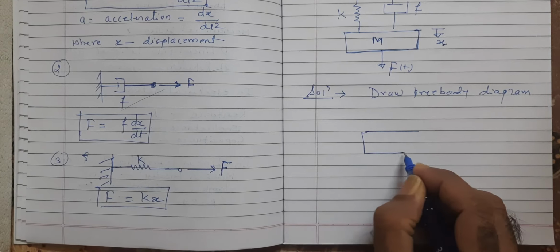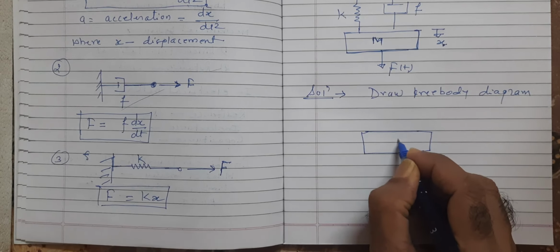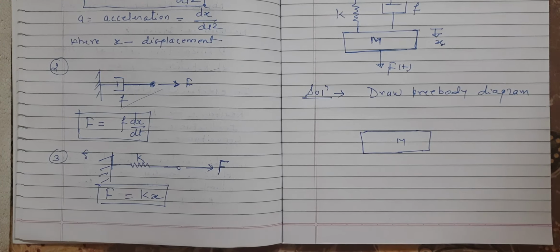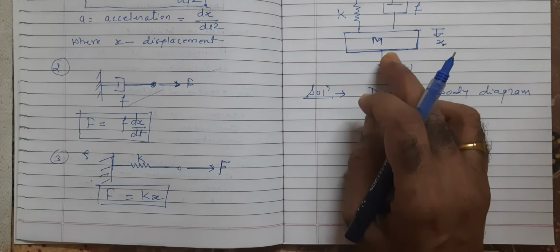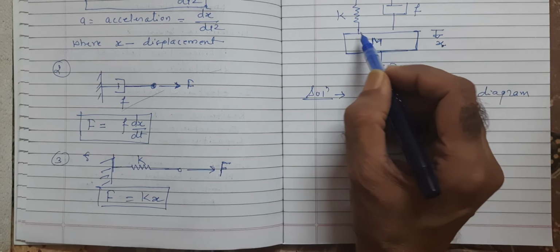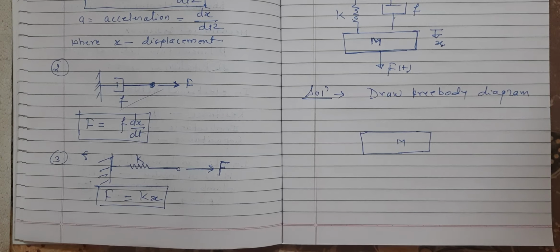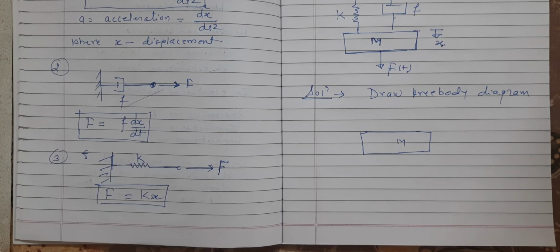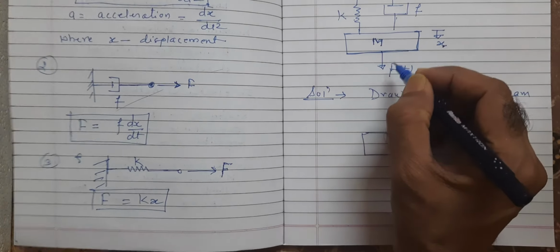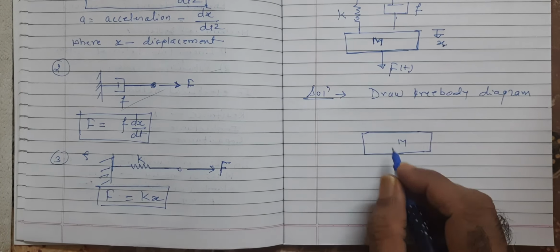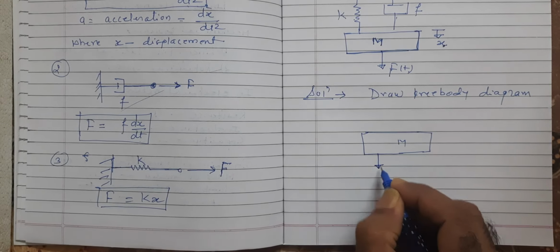First we draw the block of the mass m. How many components are there? K, F and M, and each component will have its own force. This is the external applied force, so first we show the external applied force.